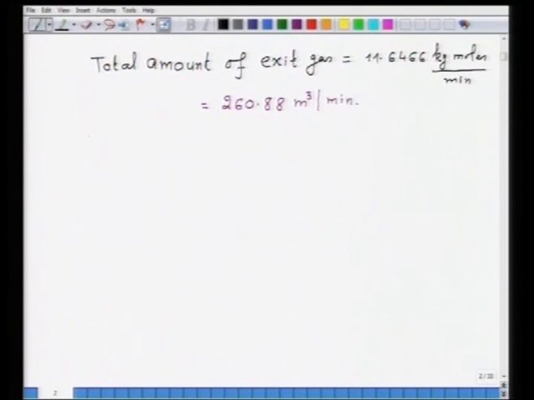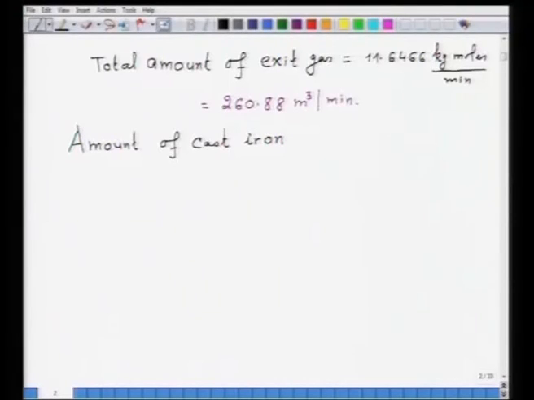Now, we can also calculate the amount of cast iron. We have to calculate the amount of each individual element in cast iron, and all of you know it comprises carbon, silicon, manganese, phosphorus, and of course iron.